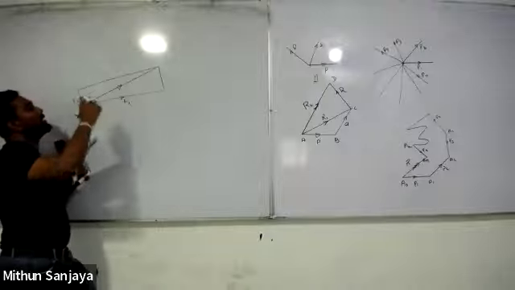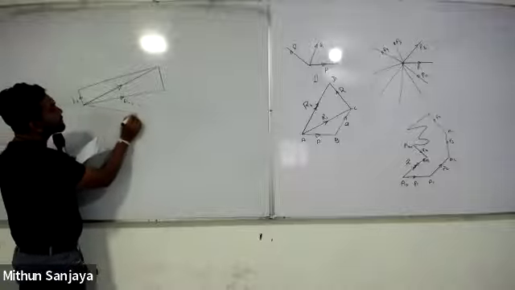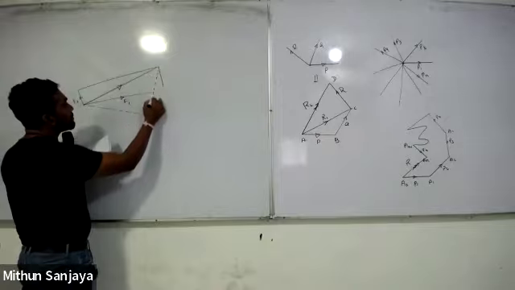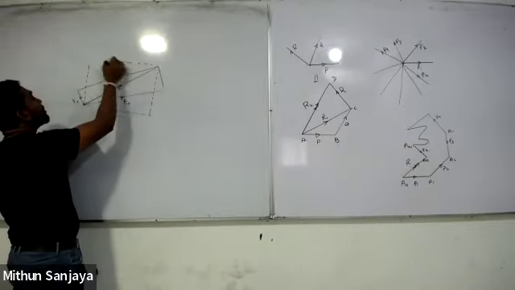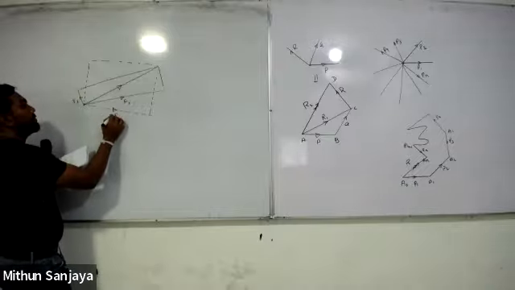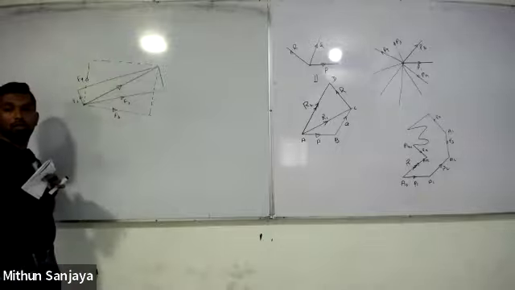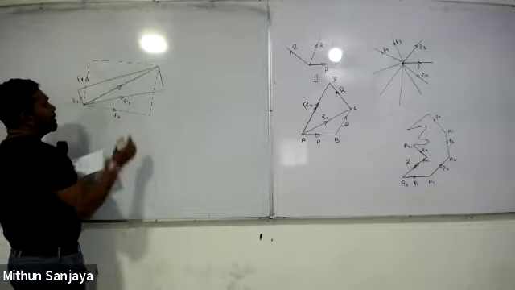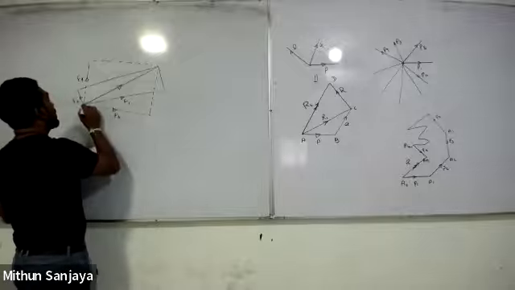Now these two, F1 and F2, and we can draw another one like that, F3 and F4. Then we can do another one.